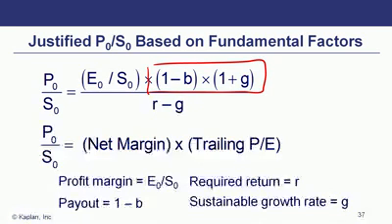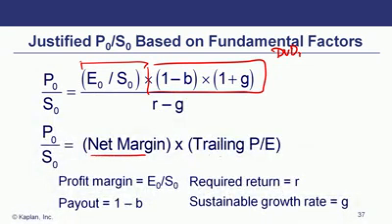This is 1 plus g. If you multiply both sides by sales, you essentially are left with EPS times the payout plus the growth. And that actually equals what? Dividend sub 1 if you multiply the other side by sales. So it's still just an algebraic permutation of the Gordon growth model.